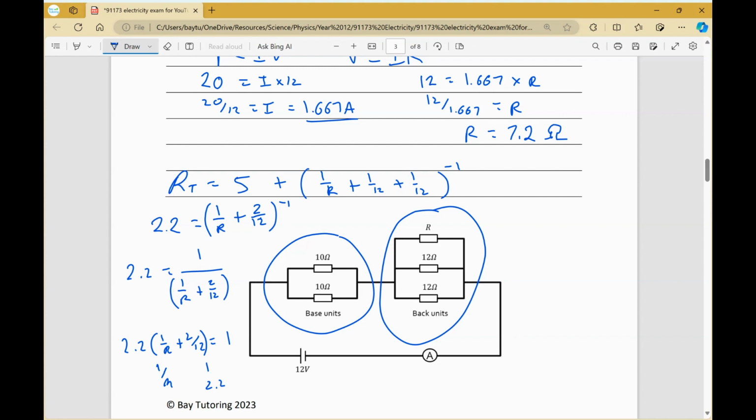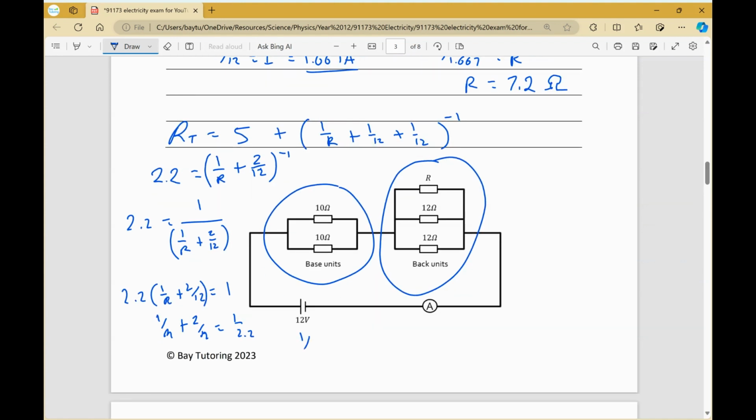Don't want to forget the 2 over 12. Don't forget that. And then just rearrange this. So 1 over r equals 1 over 2.2, take away 2 over 12. So then r will equal just the inverse of all of that. And that gives us an answer of 3.5 ohms.